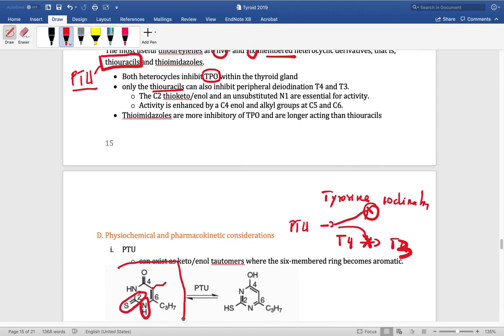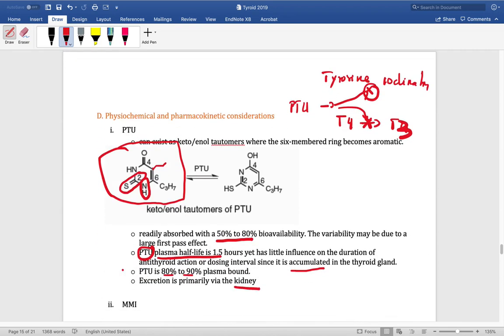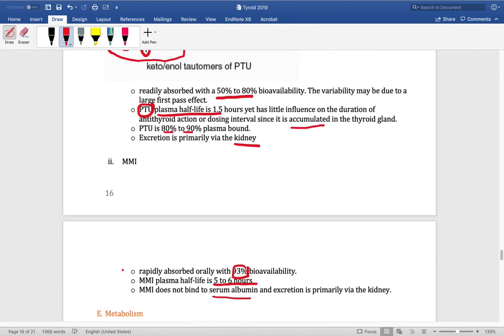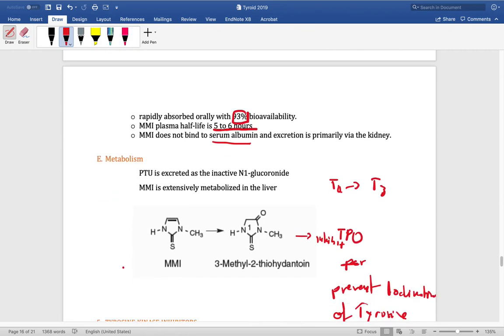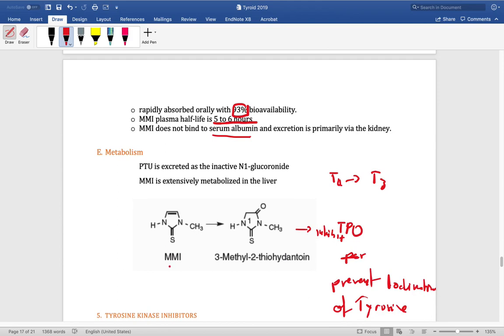When we talk about the thioimidazoles, methimazole is the representative thioimidazole.